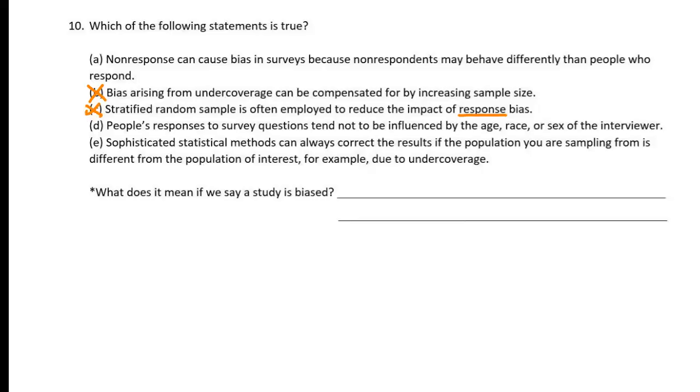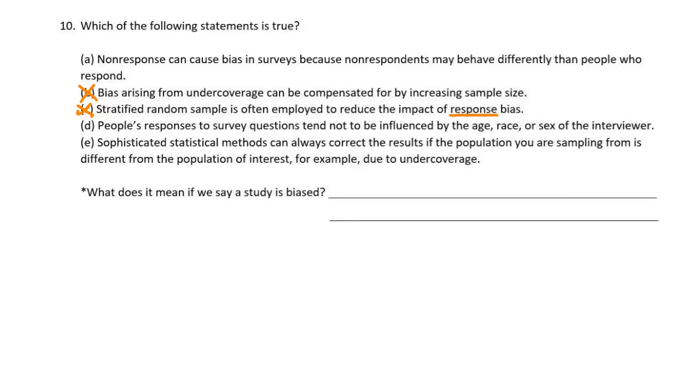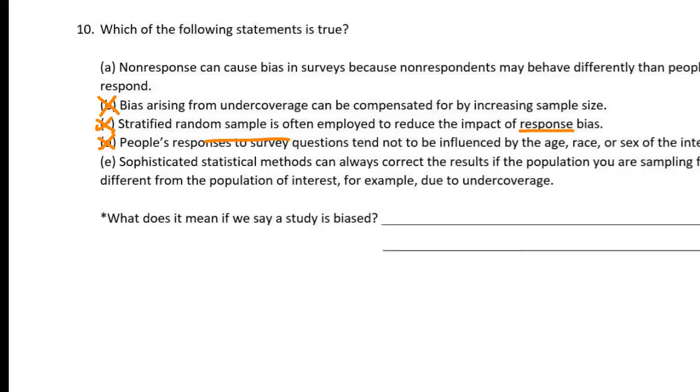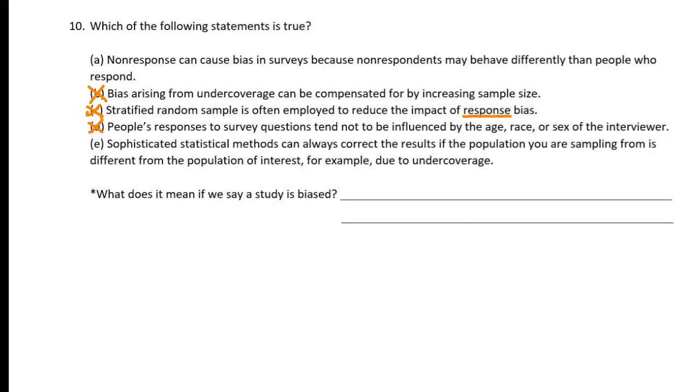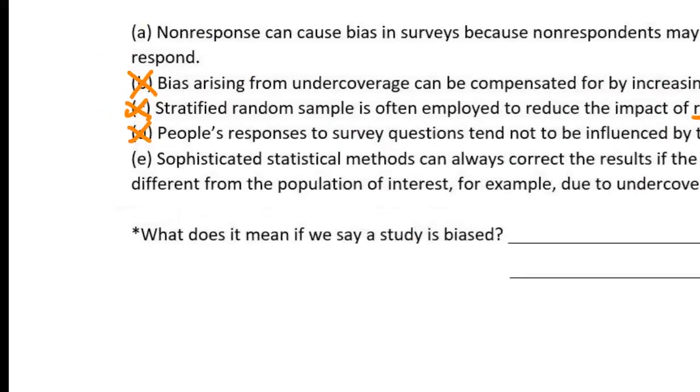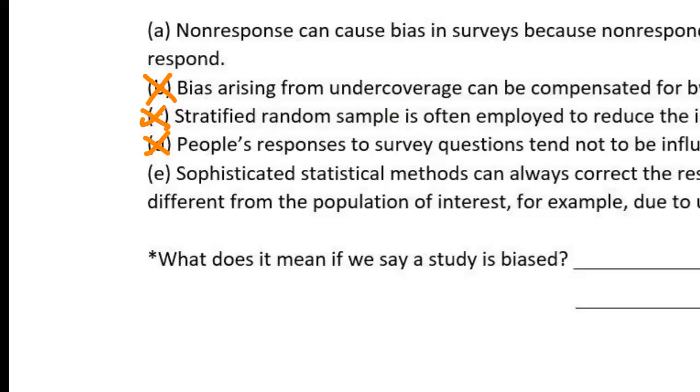People's responses to survey questions tend not to be influenced by the age, race, or sex of the interviewer. Wrong, incorrect, that is definitely false. Sophisticated statistical methods can always correct the results if the population you're sampling from is different from the population of interest, for example, due to undercoverage.